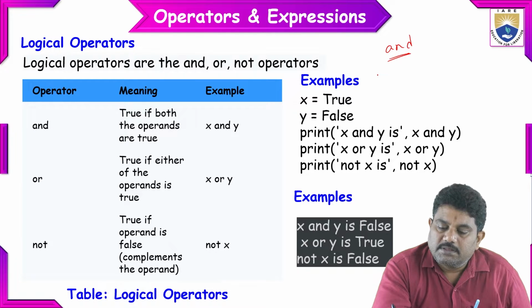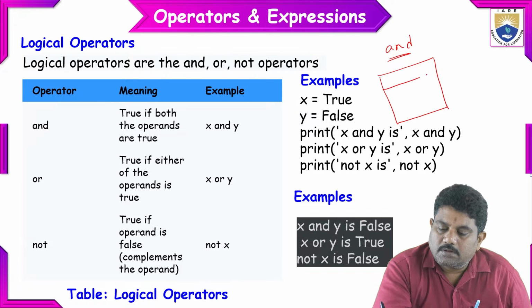If you see, there is a truth table for this. This is operand 1, OP1, this is operand 2, and this is the result. True, true, then it becomes true. True, false, then it becomes false. False, true, then it becomes false.